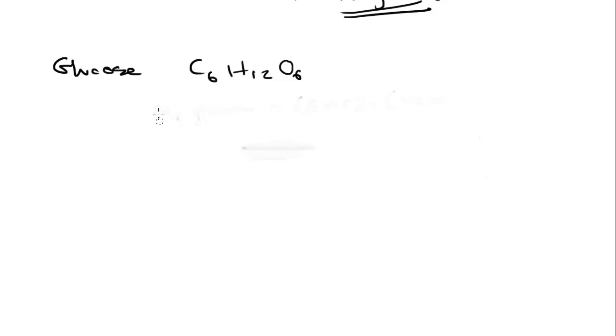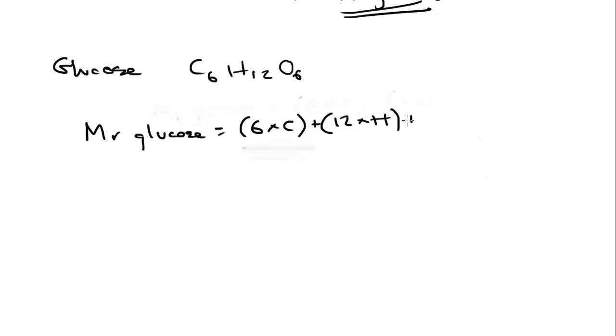As before, let's write out Mr of glucose. Look at the formula: we have 6 carbons in each molecule, 12 hydrogens in each molecule, and 6 oxygens. Let's plug in the relative atomic masses.